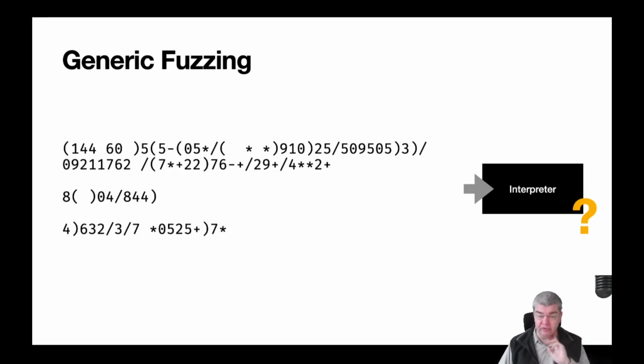This is great for testing the error handling of the program under test. But if you want to actually go into the functionality of the program, that is the actual computation of arithmetic expressions in our case, that is anything that goes beyond the parser, you need to come up with inputs that are valid, syntactically valid in the first place.